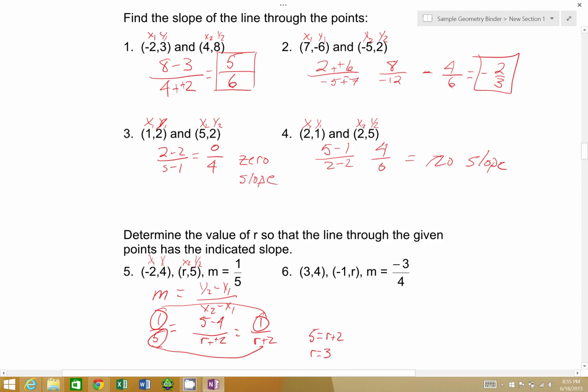Okay, let's try number 6 over here. Negative 3 over 4 equals, and we're doing x1, y1, x2, y2, r minus 3, and 1 minus negative 1 minus 4.